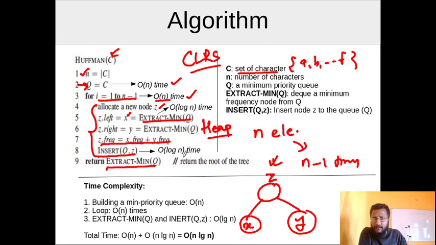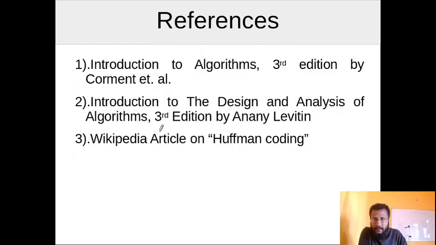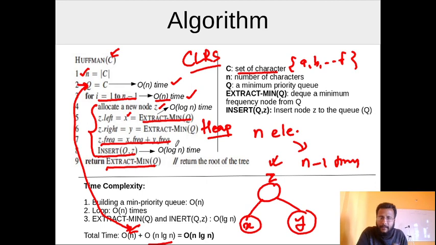So, total time: this is the time for creation, the build heap, and n log n is the time for the loop that runs n times. Inside the loop, the operations run for log n time, because extract min takes log n time. So, n into log n is n log n. So, it is big O of n plus big O of n log n. Asymptotically this is big O of n log n.